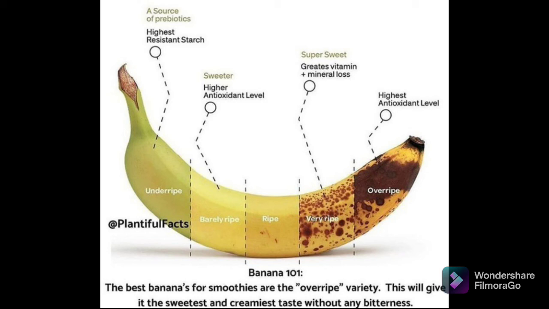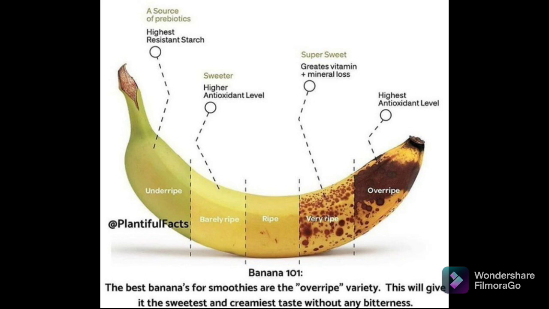Next is ripe, which is purely eaten as a whole because of its level of smoothness and sweetness. Next is very ripe, where it is super sweet and has the greatest vitamin and mineral loss.